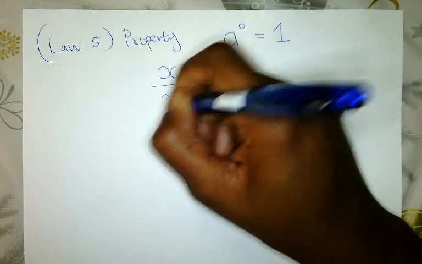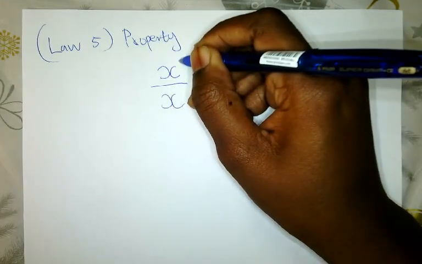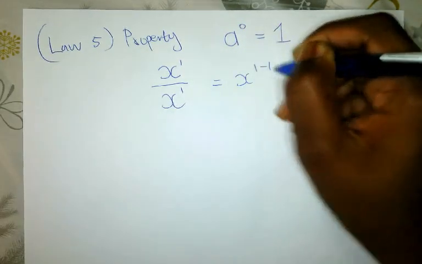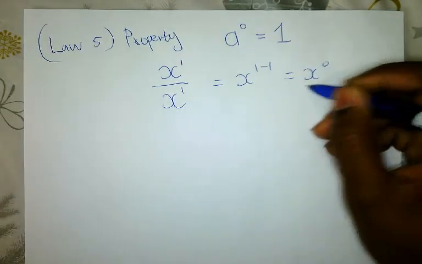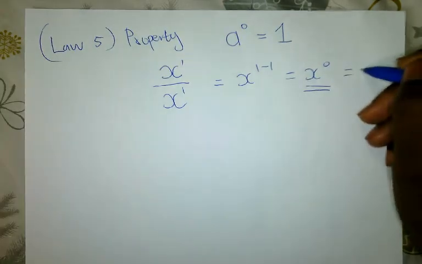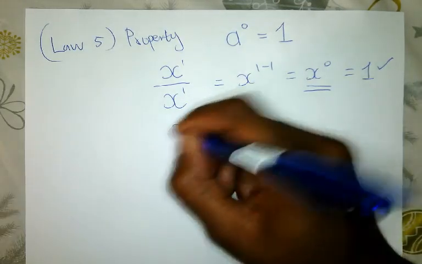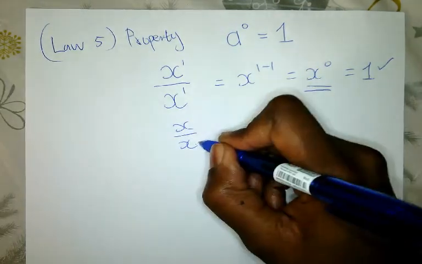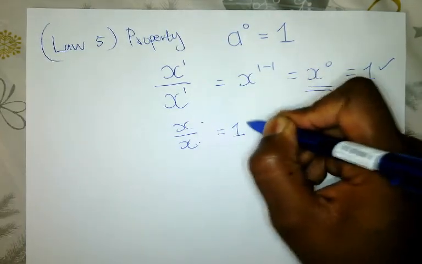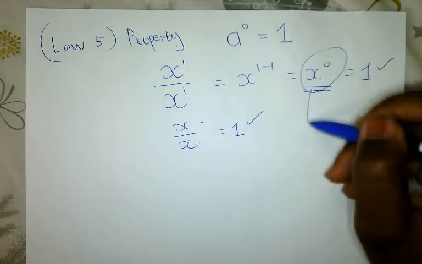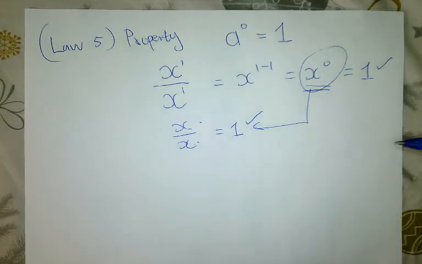We know there's an invisible 1 here, which is 1 minus 1, which will be 0. So this becomes how much? 1. Or you can say, how many times does x go into x? Once. So that's why we have a relationship between that. So anything raised to 0 is 1.